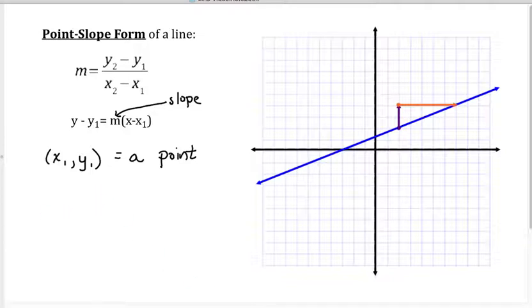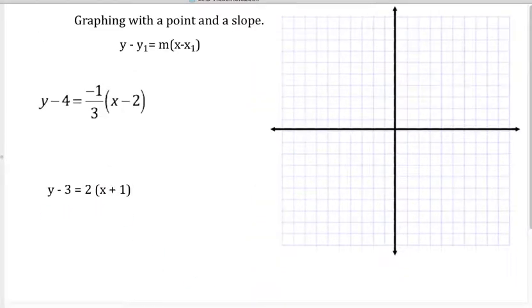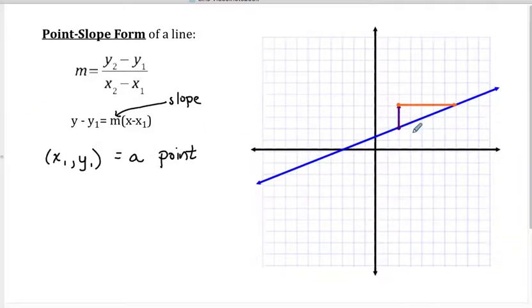So I can look at a series of examples for this line. If I were to look at this line here, this line goes through points, for example, (2, 2). And we know from above that the slope of this line was 2/5. So I could write the equation here as y minus, take the y1 value. Remember that it's x1, then y1.